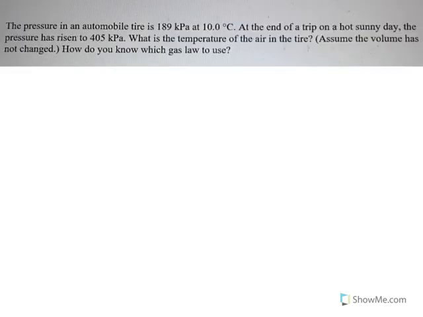Alright, so I kind of got tired of writing the problems, so I went and just took a picture of one. So here it says the pressure in an automobile tire is 189 kilopascals at 10 degrees Celsius. If at the end of a trip on a hot sunny day, the pressure has risen to 405 kilopascals, what is the temperature of the air in the tire?